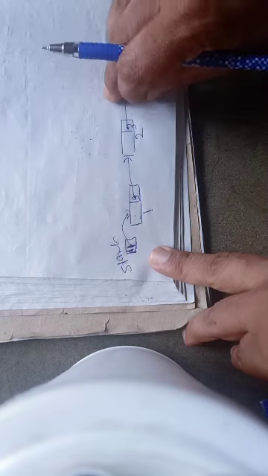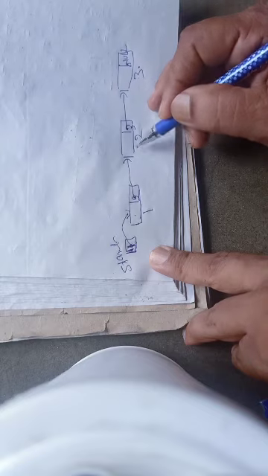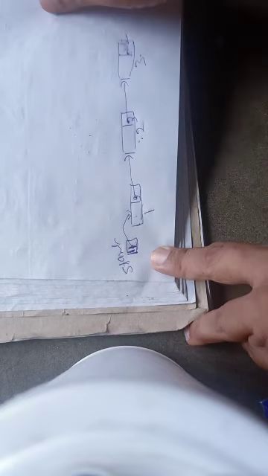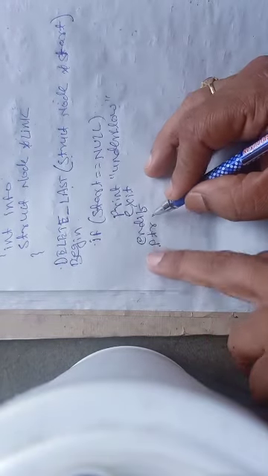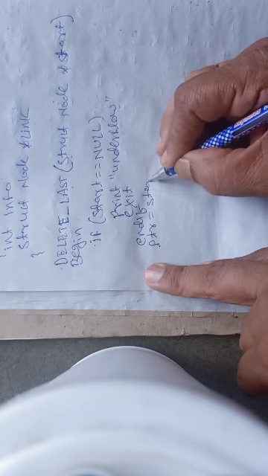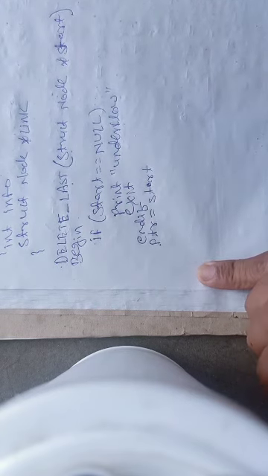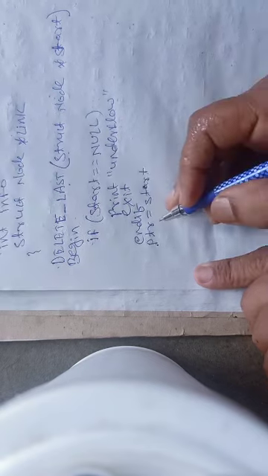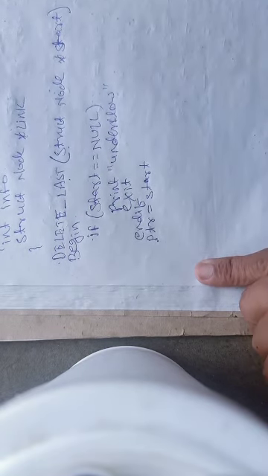But while removing this node, we must ensure that its previous node, this one, should contain a null. So how can we achieve this? Let us write down the algorithm now. At first we will take a variable ptr and store start in it. Now we need another pointer variable to maintain address of the previous node.